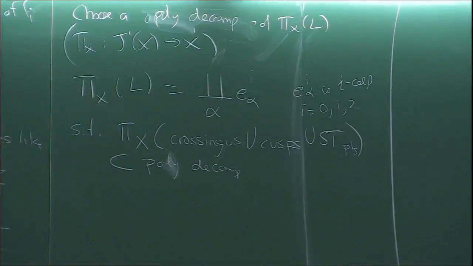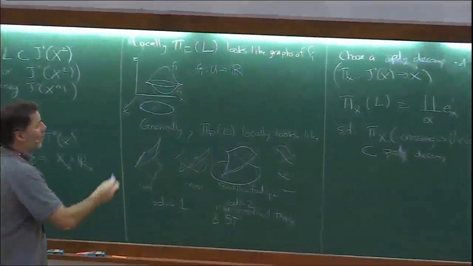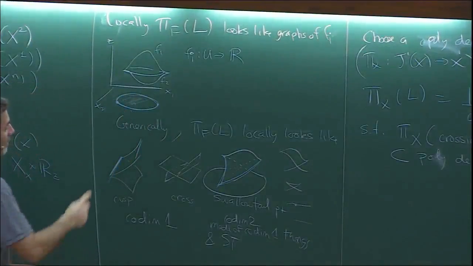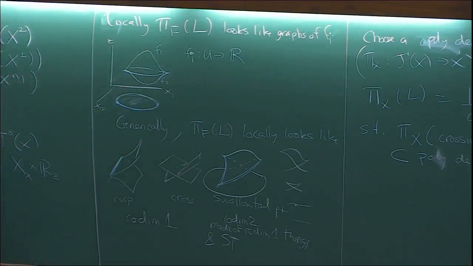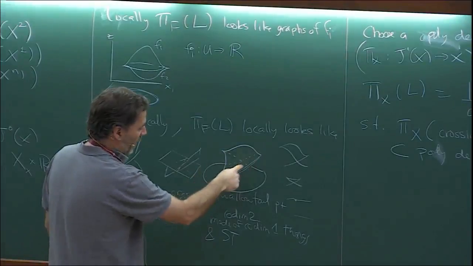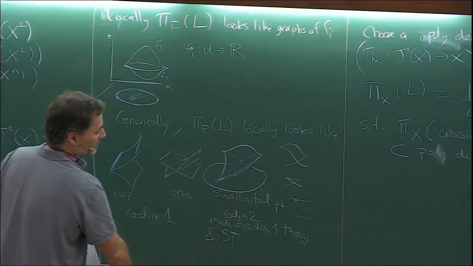So, in the case of a cusp, I would have to make one 2-cell, one 1-cell, and one 0-cell. And here I made sure that the cusp was entirely in the 1-cell. Here I would have to have a 1-cell for this guy, a 1-cell for this guy, a 1-cell for this guy. This is on the base, and a 0-cell here.